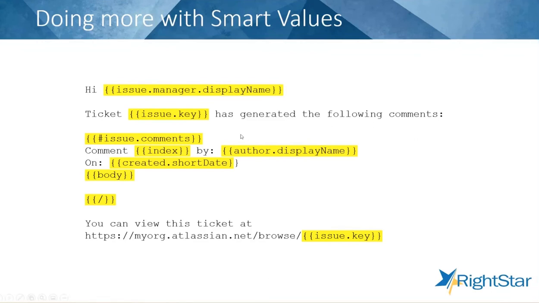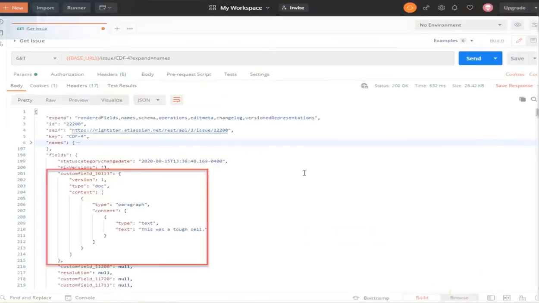Now, let's say that you want to know what's available to use and how to reference it. Well, the way you would do that is to get the REST call return by making a REST call to get issue in Jira Cloud or Jira Server. Either one will return to you what you need to see.